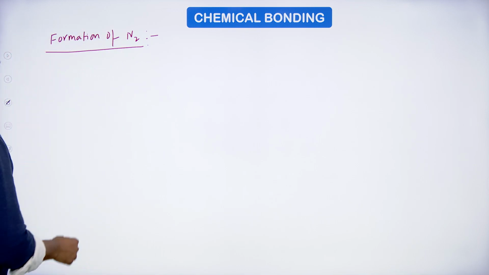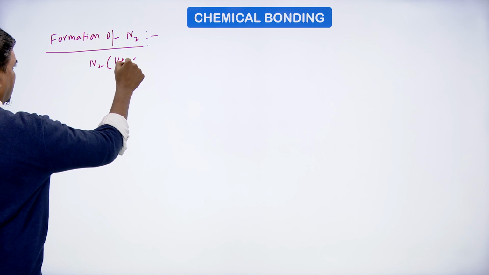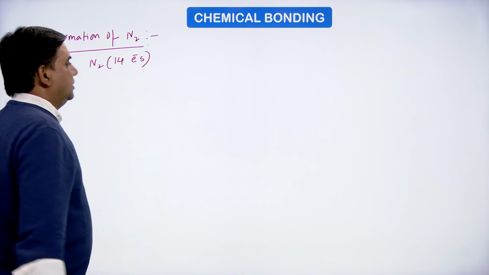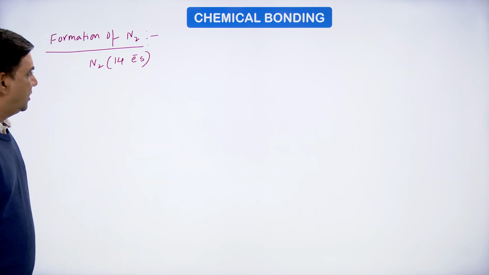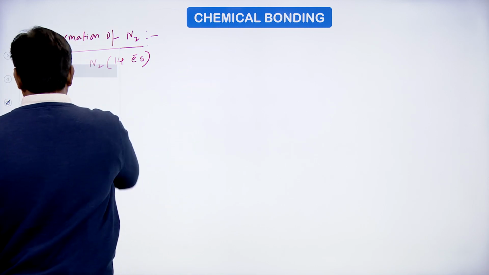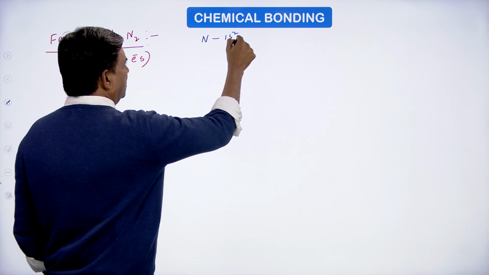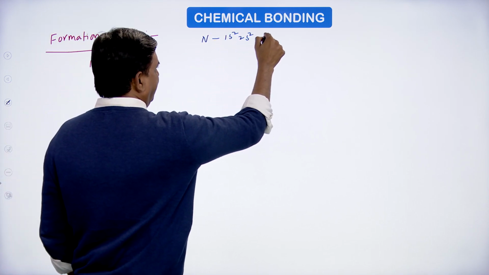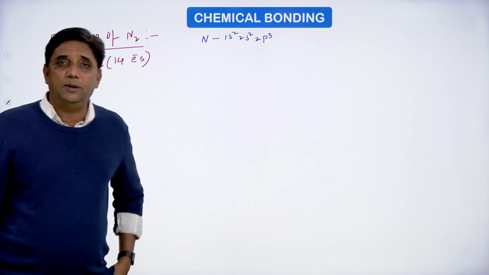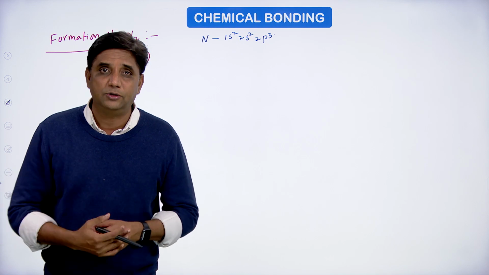And students, nitrogen contains 14 electrons, and the nitrogen configuration is 1s2, 2s2, 2p3.